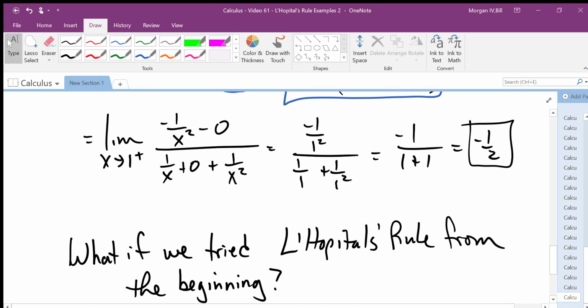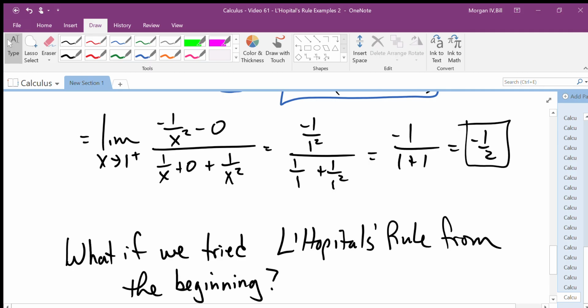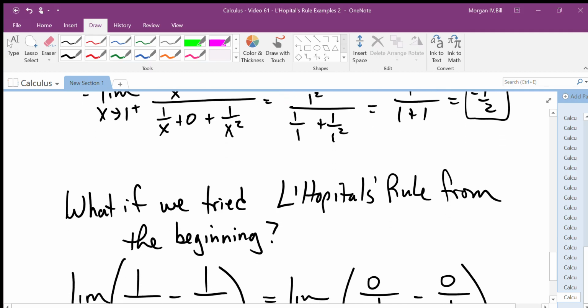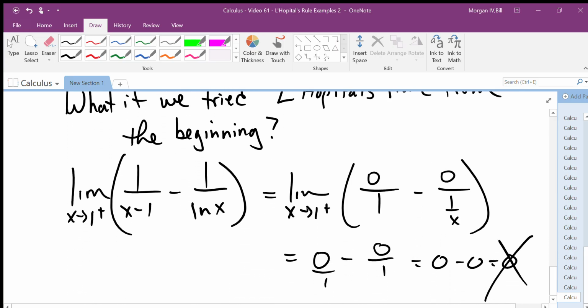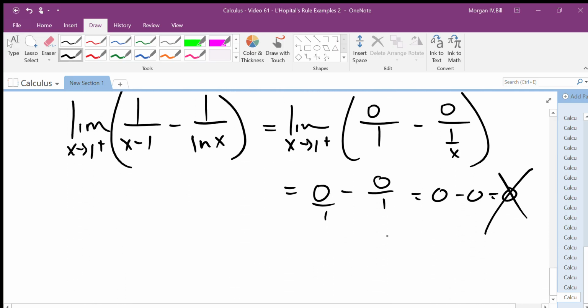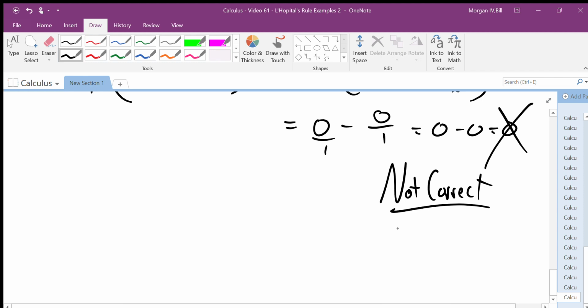Our right answer was negative 1/2. So just to show you that you really have to put this into 0 over 0 or infinity over infinity for these things to work. Not correct. That's what happens. You get the wrong answer.